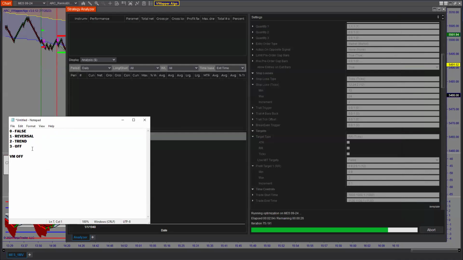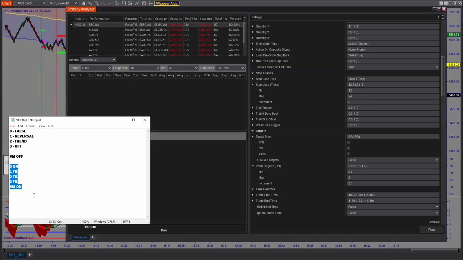Really VM is going to be off. Another thing that you could do is you could say 1 is on and then set 2, 3, and 0. Sorry, 0 is on. And you could set all of these to trends and then turn the VM on and see if you get any better results with a trending type system with the volume, velocity, momentum on. So that'd be a cool thing to check out.